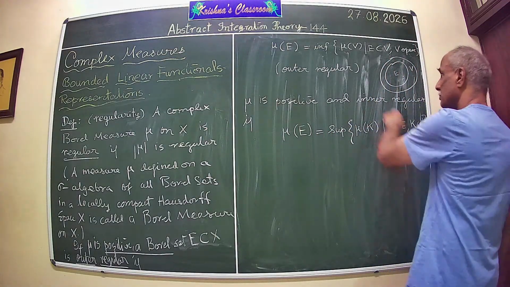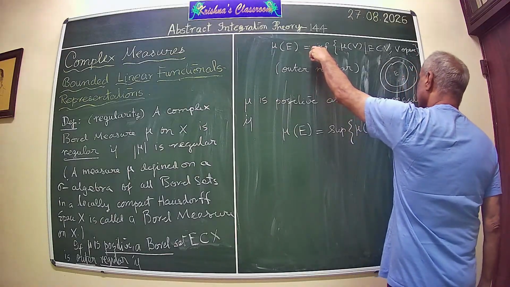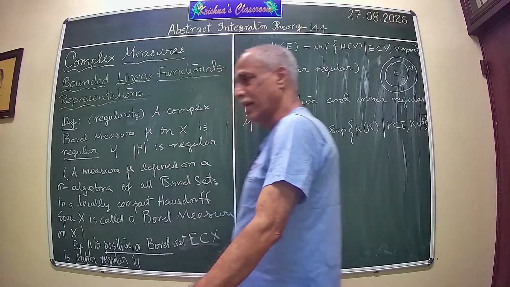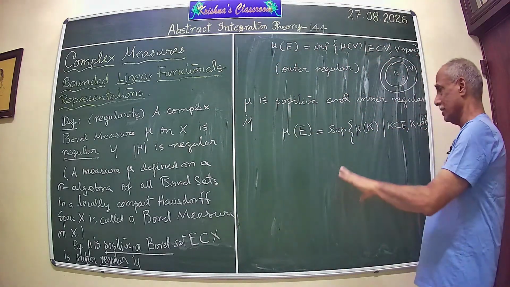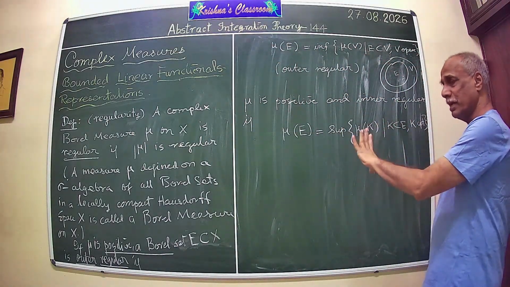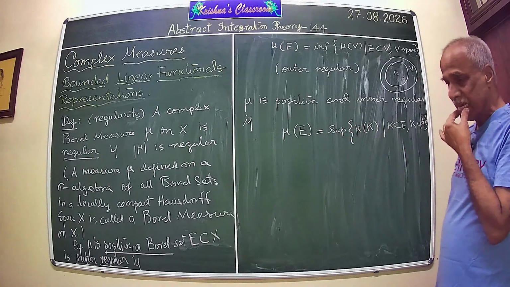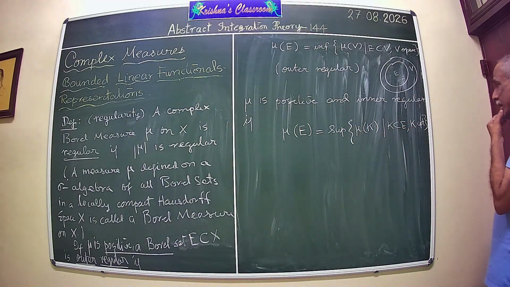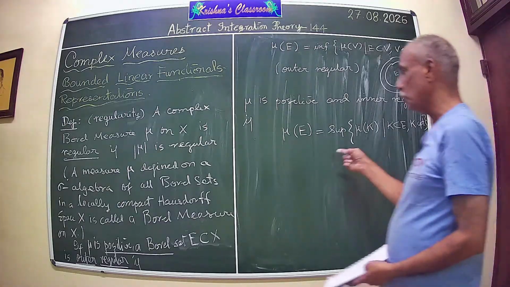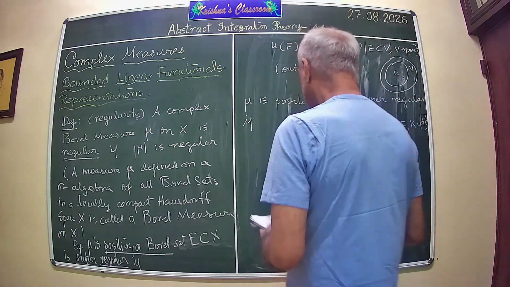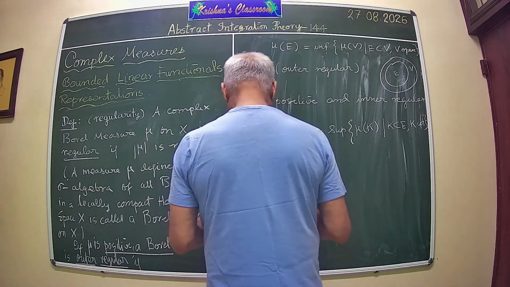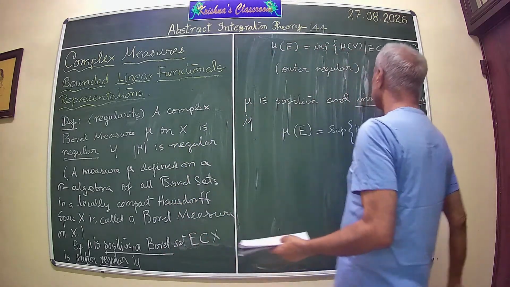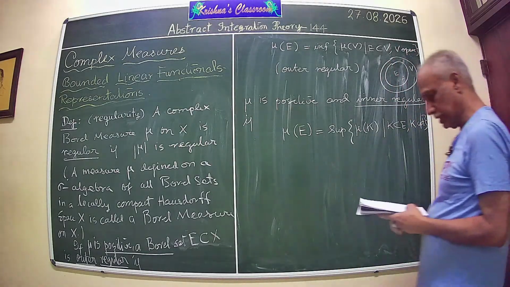So you have outer regularity if the measure can be approximated from outside using open sets, and the measure of E can be approximated from within using compact sets contained in it by taking the supremum. Therefore we have both inner regularity and outer regularity.